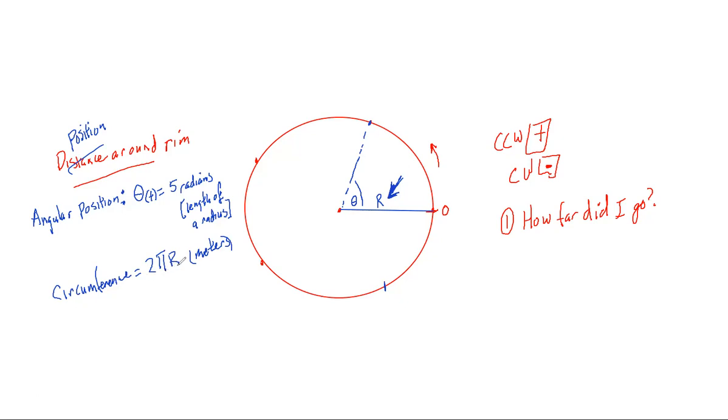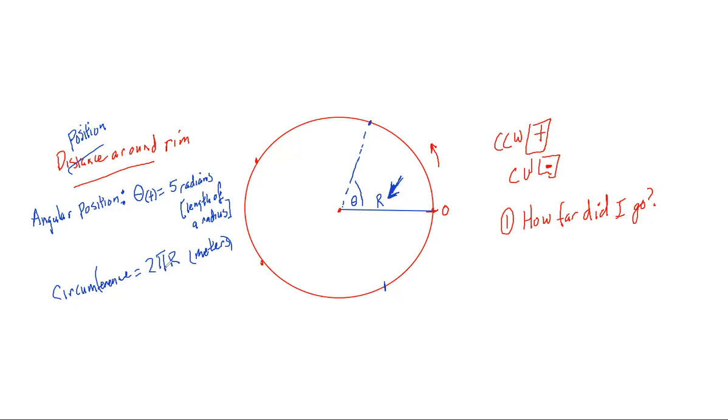If my radius were 1, then I'd have 2 pi meters going around. If my radius were 2 meters, I'd have 4 pi meters around. So that's one way of thinking about the circumference.